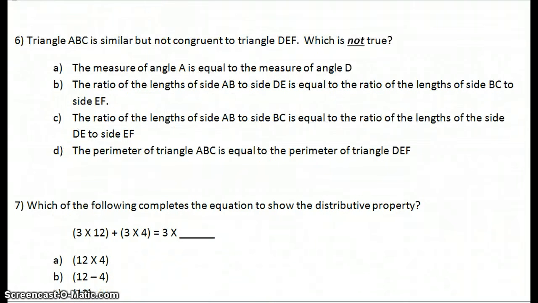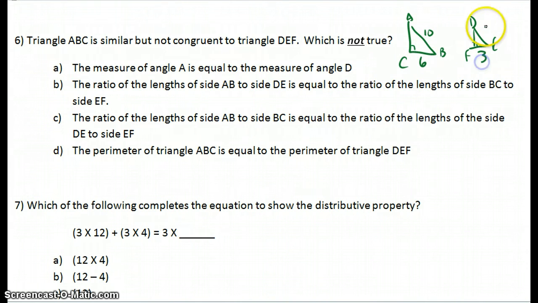Okay. Number 6. We have triangle ABC, and we have triangle DEF, and we say that we have a few dimensions here.